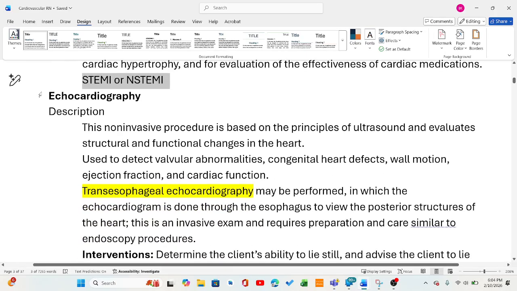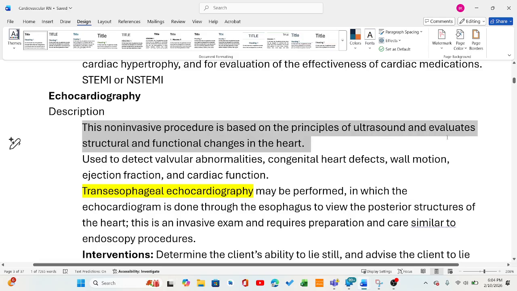The other test that I'm going to talk about is the echocardiogram. So when we talk of echo, again, this is a non-invasive procedure and they use ultrasound just to determine the structure of the heart.